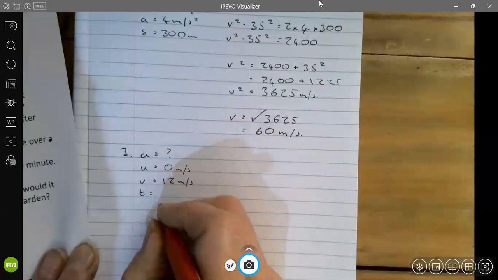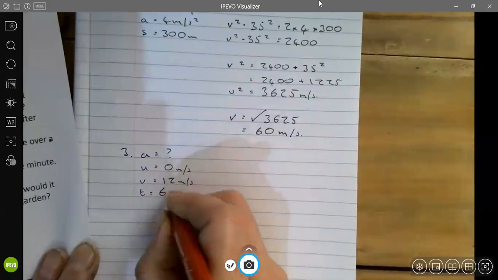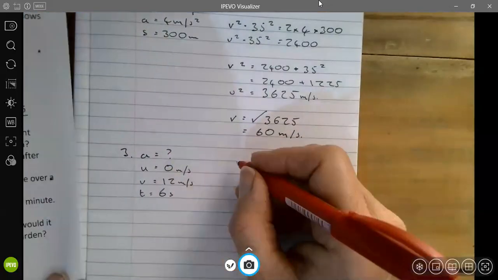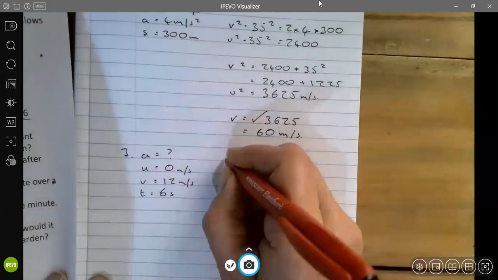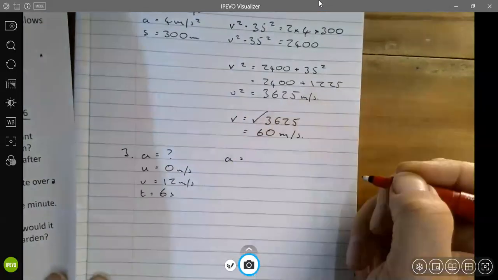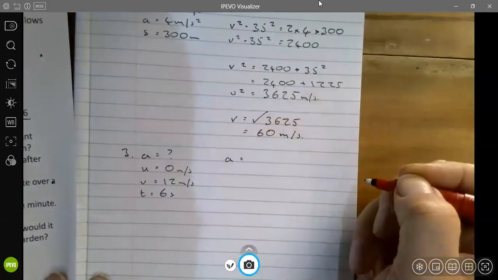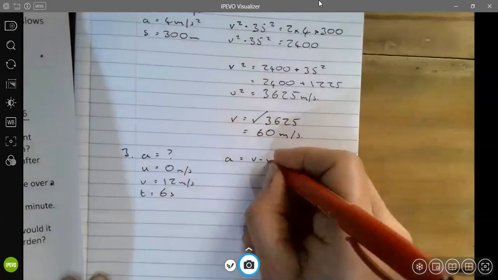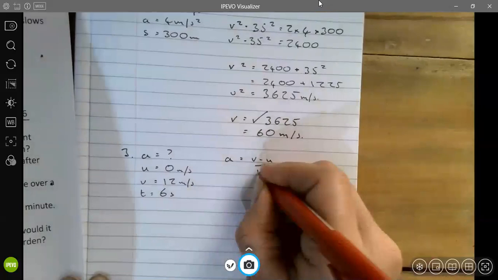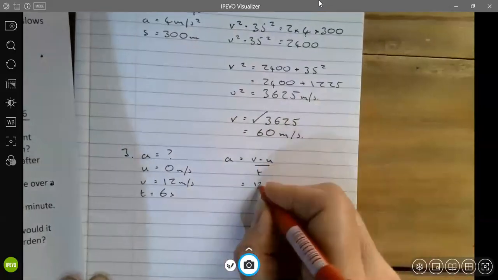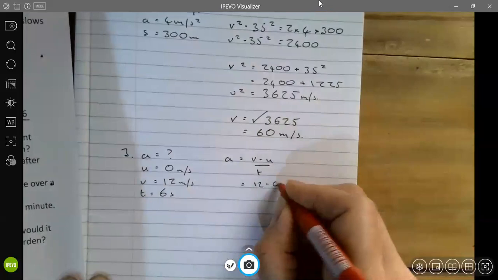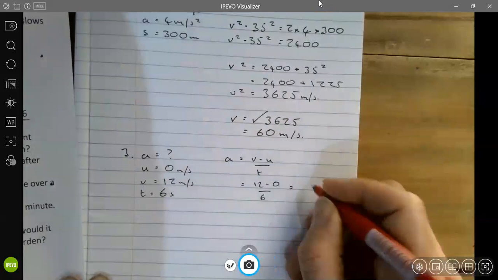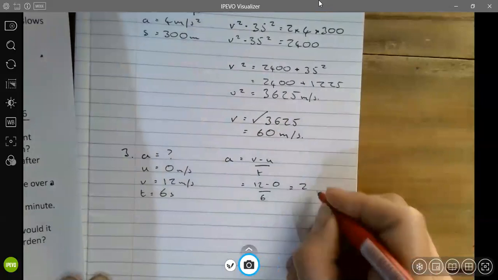So acceleration is equal to v minus u over t. Insert my numbers, and that's 12 minus 0 over 6, which is equal to 12 divided by 6, which is 2 meters per second squared.